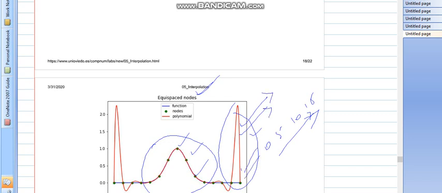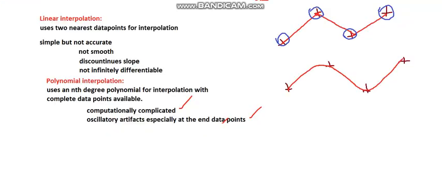This is not good for our interpolation technique, because at the endpoints we will get very oscillatory nature. So it is a drawback of polynomial interpolation.